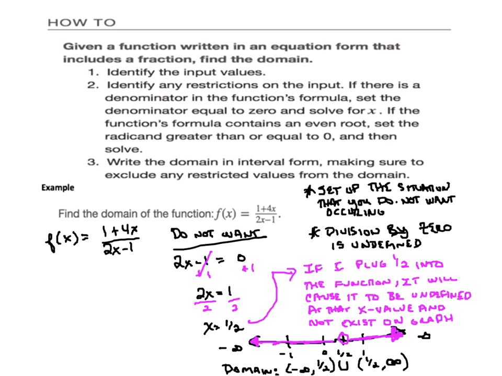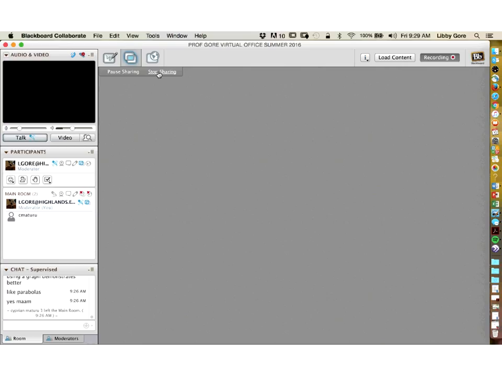Let me write that function down so I don't forget it, and we'll go and grab a picture of what that looks like so you can see what it means for a function to be undefined at a particular value. So I'm going to share my desktop again.